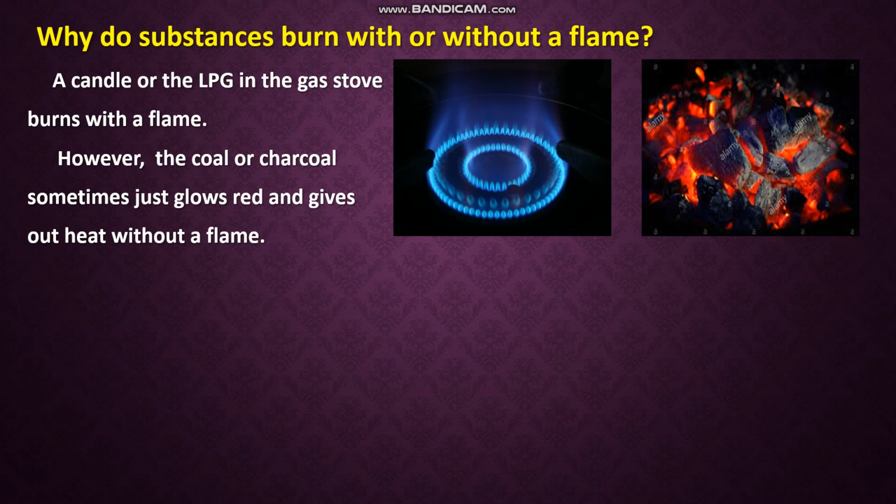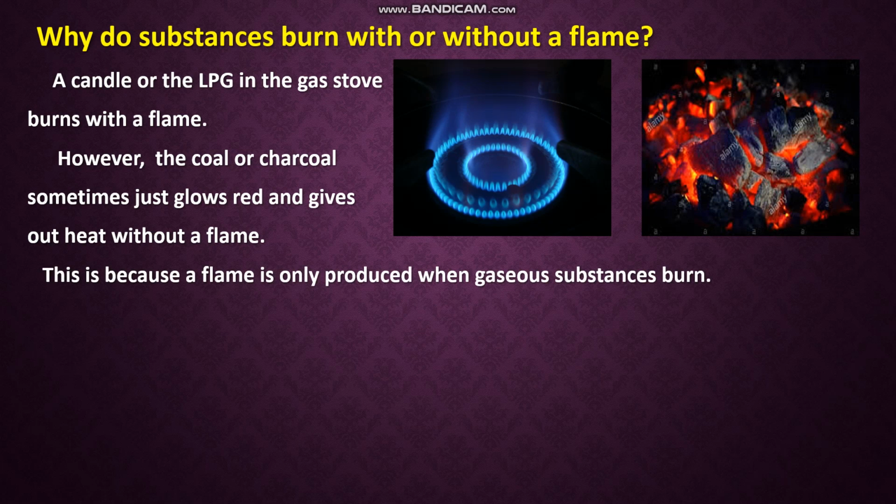The reason is that only the gaseous substances undergo burning. They produce the flame. So flame is only produced when gaseous substances burn. In coal or charcoal, when it is burned, you can see in the beginning it will burn with a flame because of the vaporizable or volatile gases present in that.